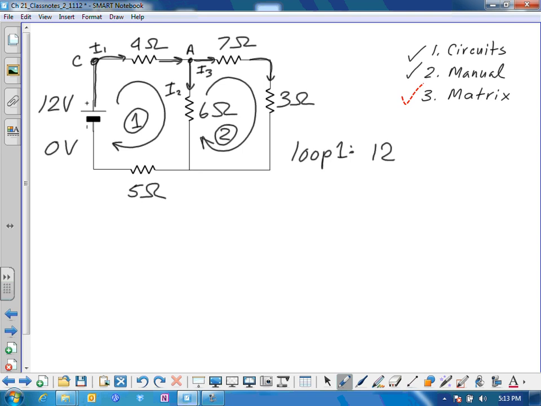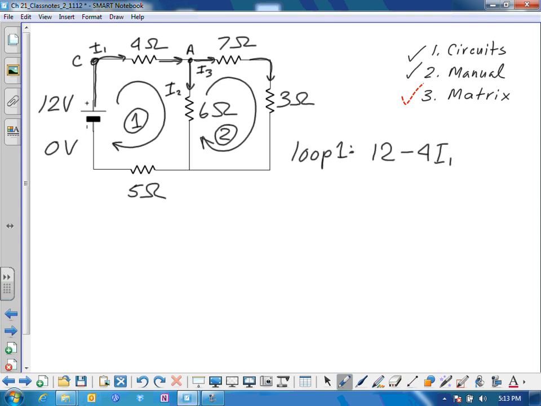Then, as we cross the 4 ohm resistor, we have a negative drop, because the voltage at node A is less than what it is at node C. So we have a drop across the 4 ohm resistor of 4I1.